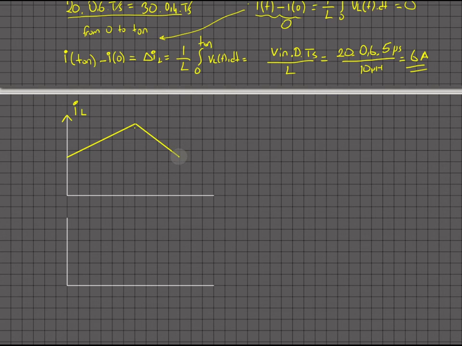This is our minimum current, and that is our maximum current.